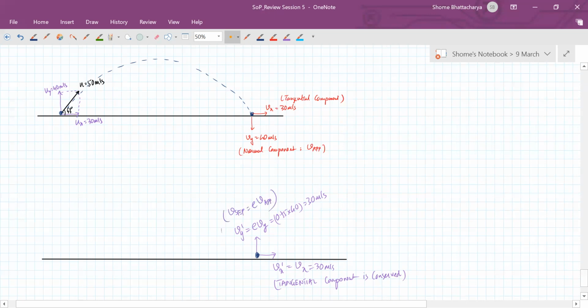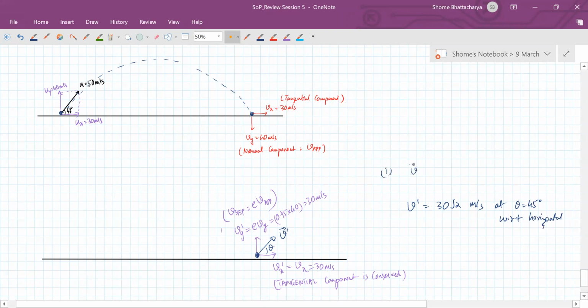This is the concept that we are applying here. As a result, the velocity immediately after impact, let's say V prime, is 30 root 2 meters per second at theta equal to 45 degrees with respect to horizontal. So this becomes the answer to our first part.